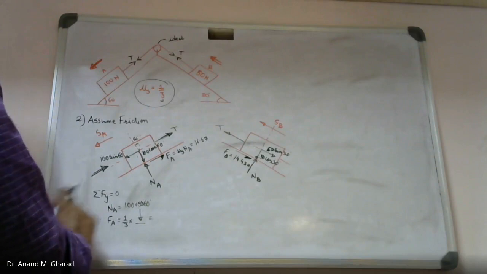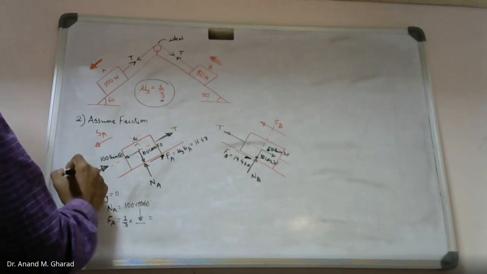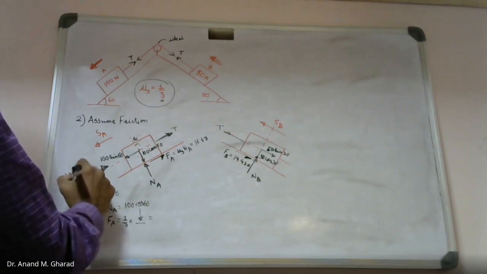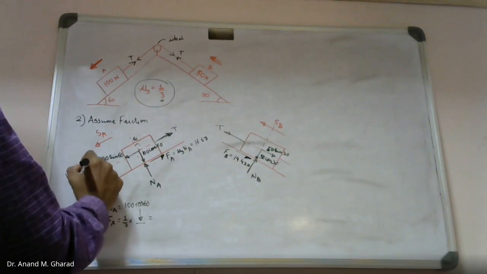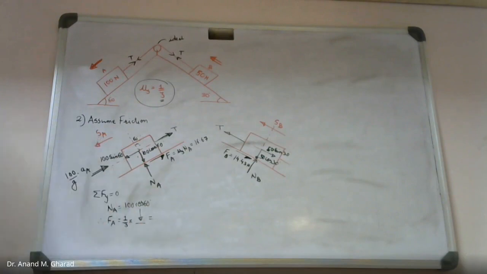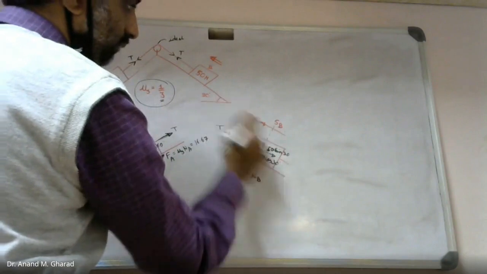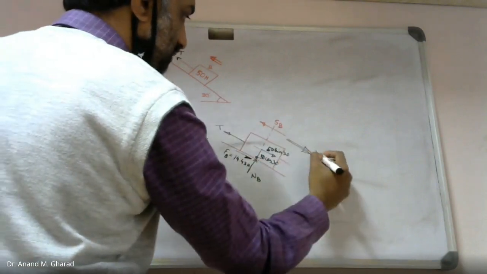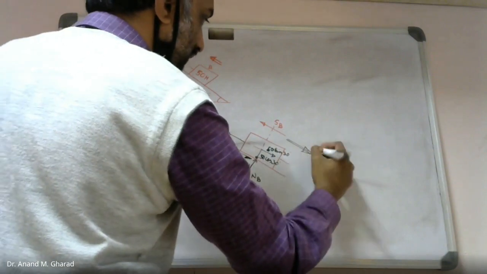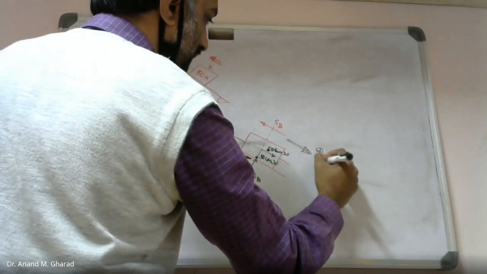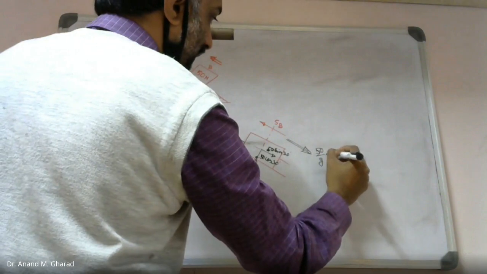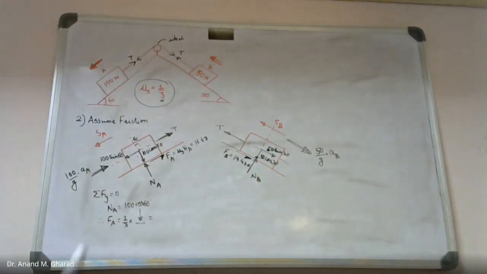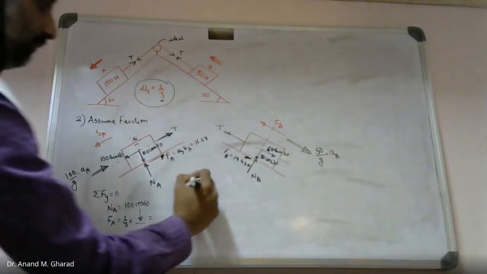We convert it into weight, so W by G, or 100 by G into acceleration of block A. This is moving in the upward direction, therefore inertia force W by G, so this is 50 by G into A suffix B. This completes the free body diagram.